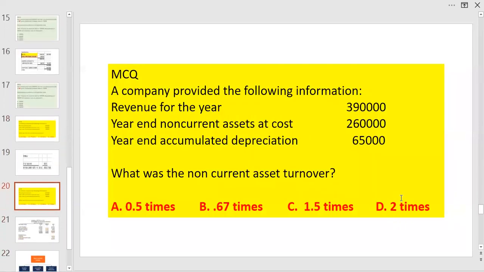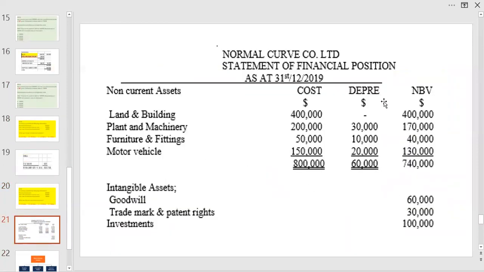Just as a passing remark, we show you this. This is the way you are expected to show the non-current assets in the balance sheet.